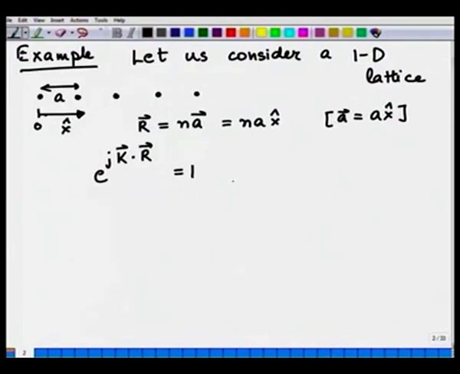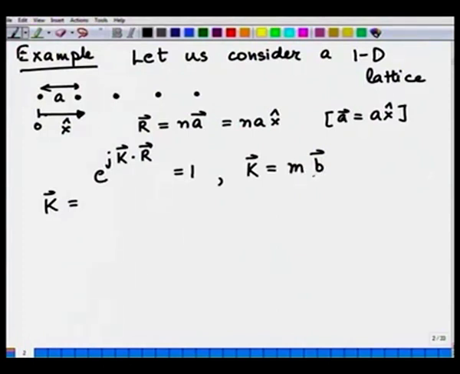If that is the case, and if I define my k to be equal to some m times b vector, then you can clearly see that if I substitute r and k in there, what would I find?